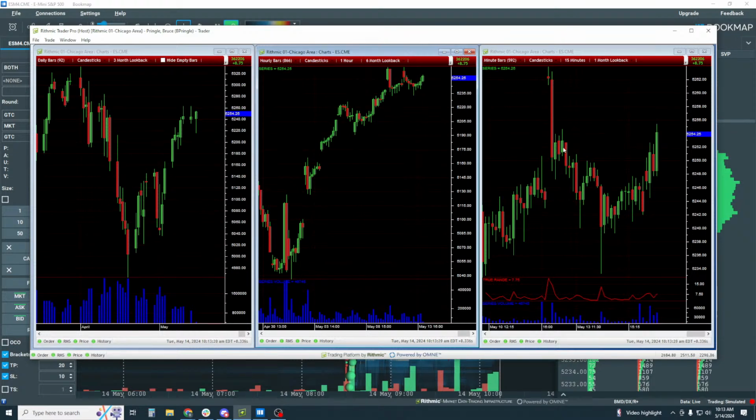Now the 15-minute chart though is telling us something a little different. Okay, here's a previous swing in here. This is what we were looking at yesterday. We were looking for a gap fill, and we did get that gap fill, and we were actually looking for that move into the lower area here. So anyway, we're up to this swing here, and I would look for some sellers to engage up here, also some profit takers.